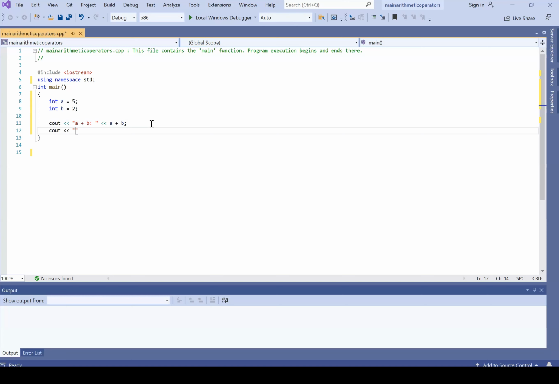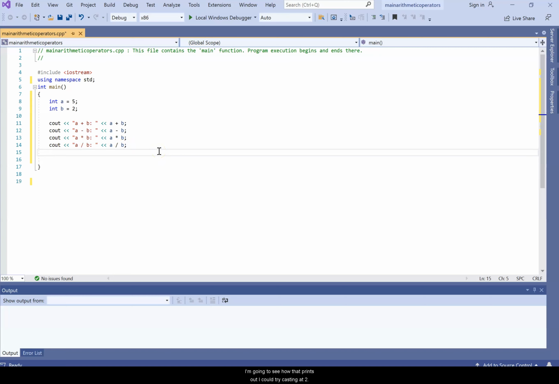Cout a minus b. And I'm going to see how that prints out.